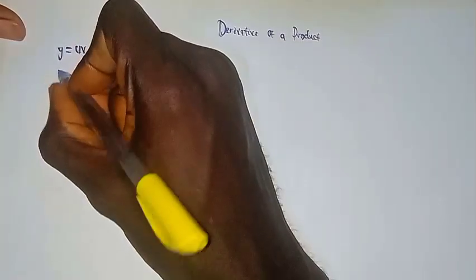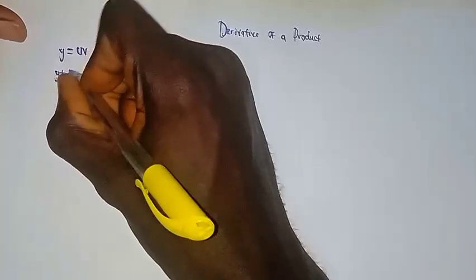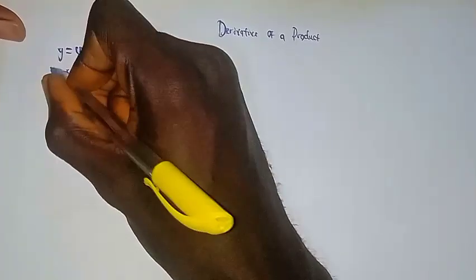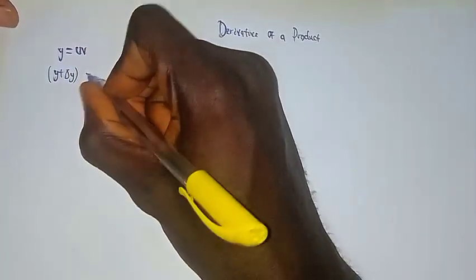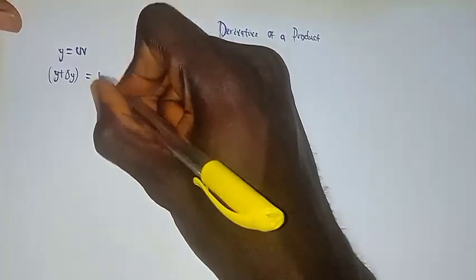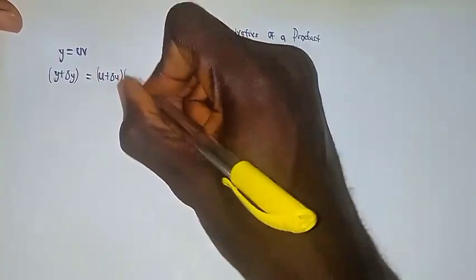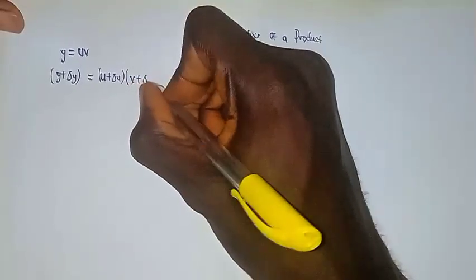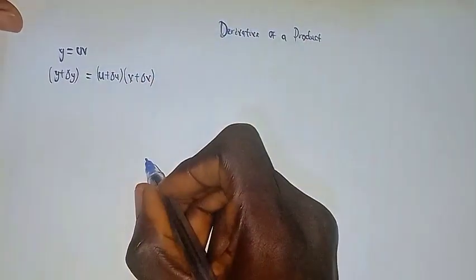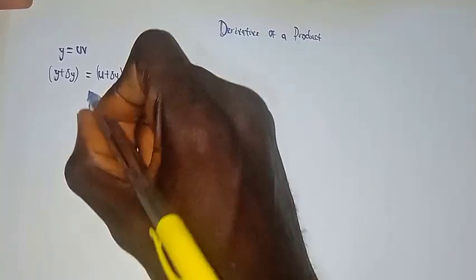So we have that our y will be equal to y plus delta y on our left hand side, and then on our right hand side becomes u plus delta u multiplied by v plus delta v. And let's open this bracket on the right hand side.